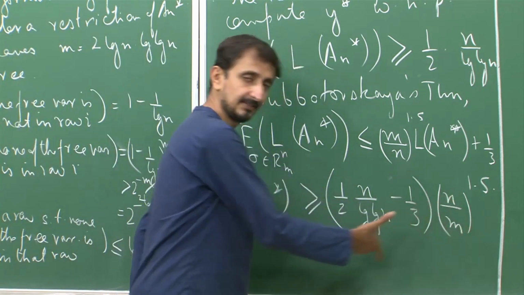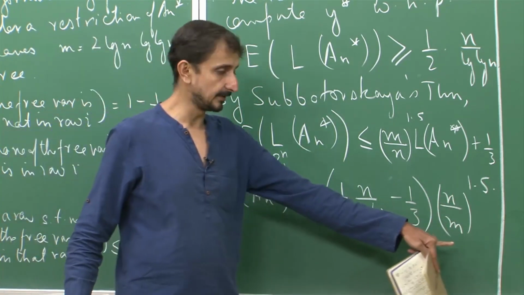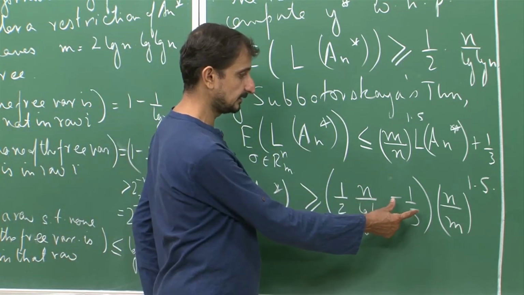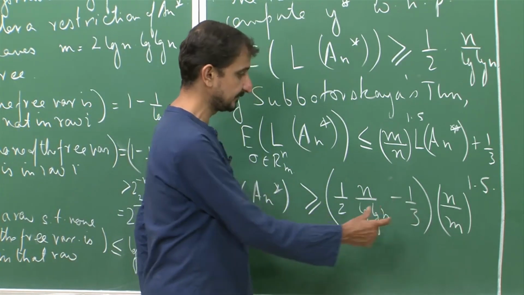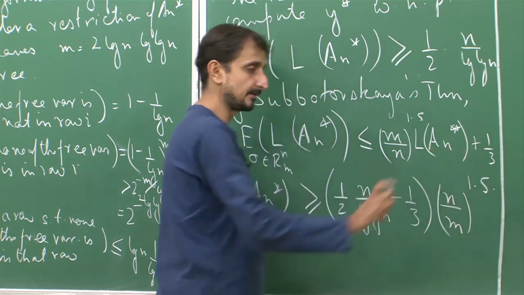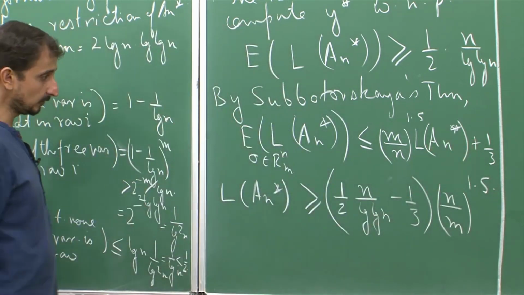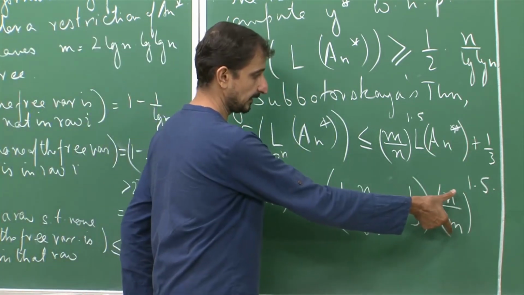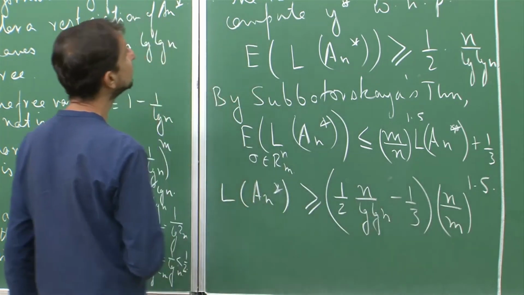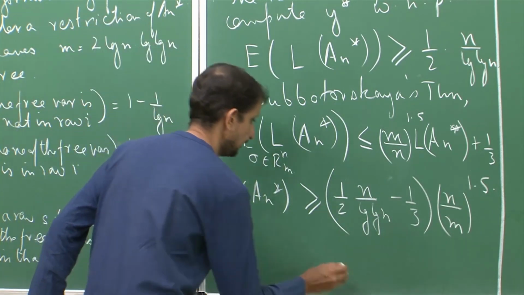Now, if you look at this term over here, what does the numerator contain? 1/3 of n by m to the power 1.5, that is a small term, I can just leave it out. But if I multiply by n by m to the power 1.5, what is m over here? We can substitute for m as well.